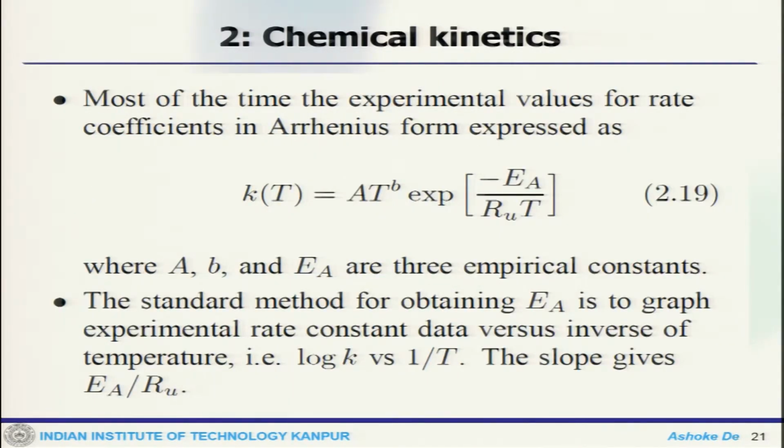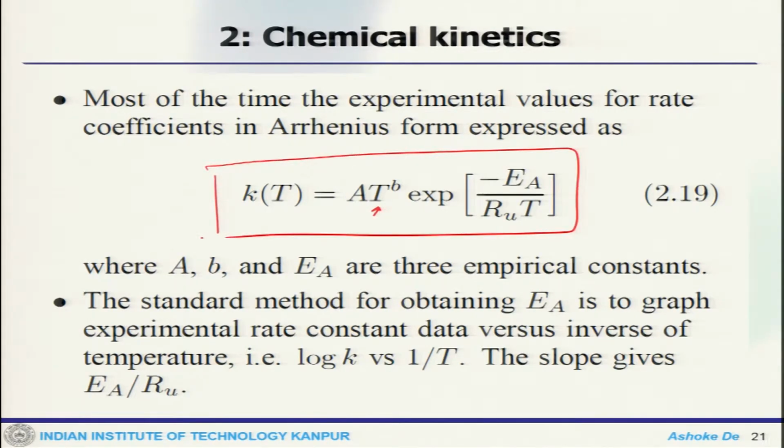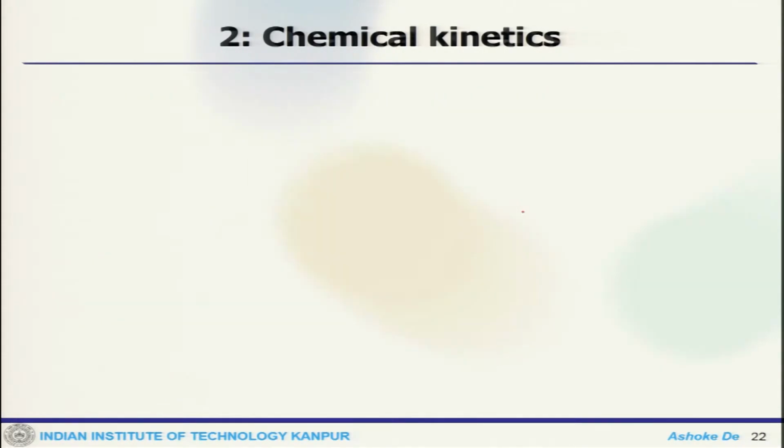Now, most of the time, experimental values of the rate coefficients are expressed with another factor, the temperature exponent. So, k is represented with a pre-exponential factor, a temperature exponent and the activation energy component, for particular reactions. The standard method for finding this EA is from experimental rate constant data. When you plot it, the slope will give you this.